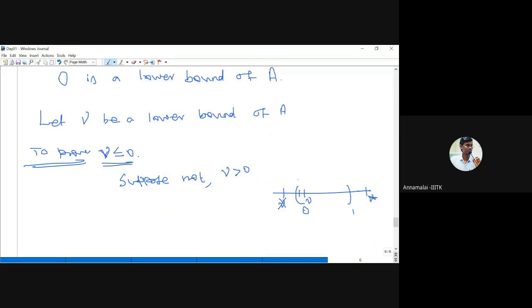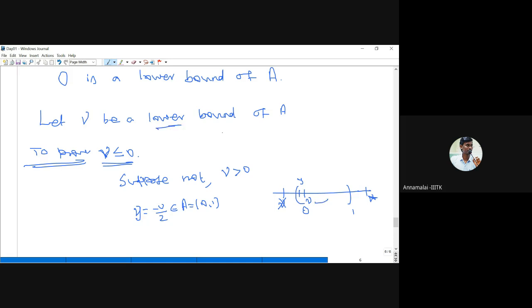So what element can we choose? We can choose that element y. We take the midpoint of these two. So the y can be chosen as gamma by 2, because the midpoint of 0 and gamma is gamma by 2. So this is an element of the set A, that is the open interval 0, 1, which is less than gamma, which is a contradiction to gamma being a lower bound.